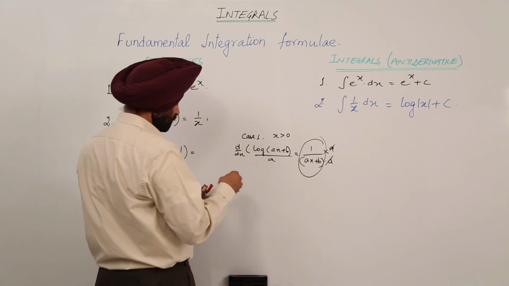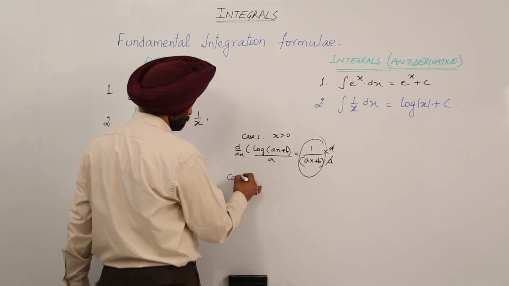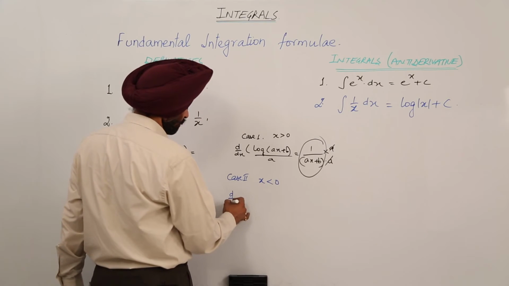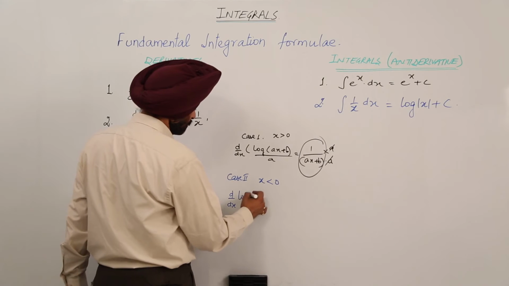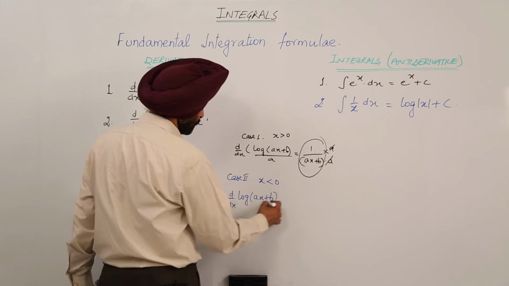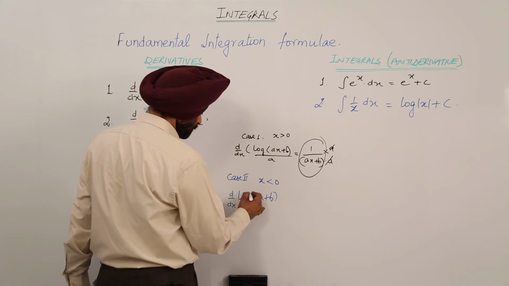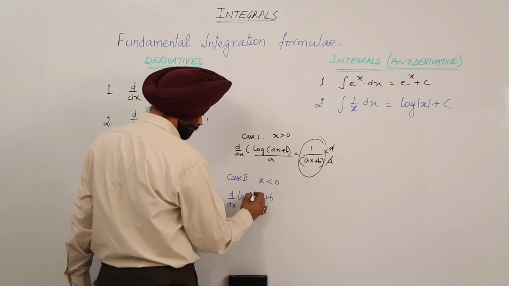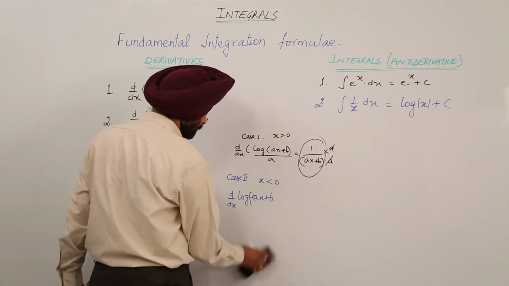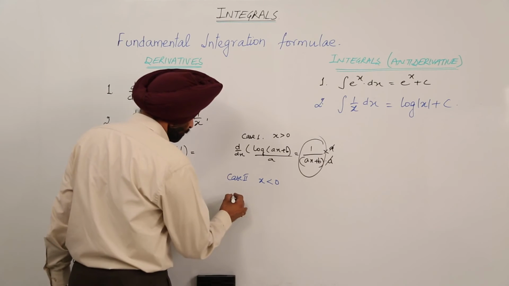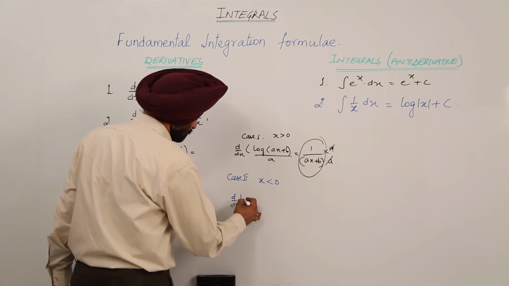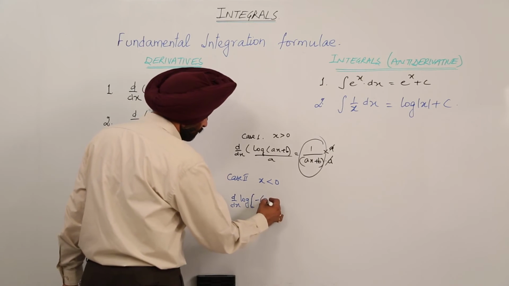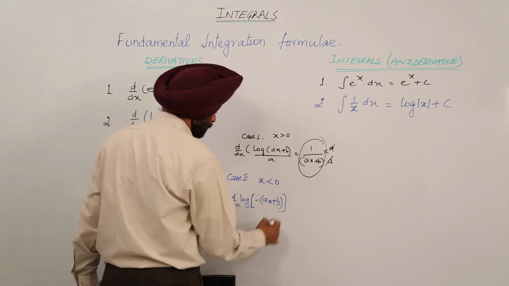Now case 2, x is less than 0. Now d by dx of log of ax plus b, we can write it as the negative of, okay, let me write it again, d by dx of log of negative of ax plus b, like this.